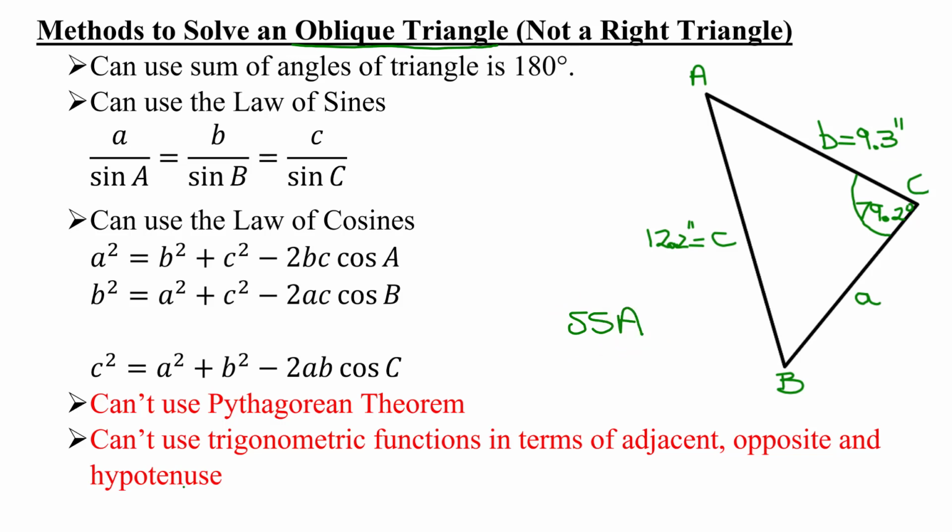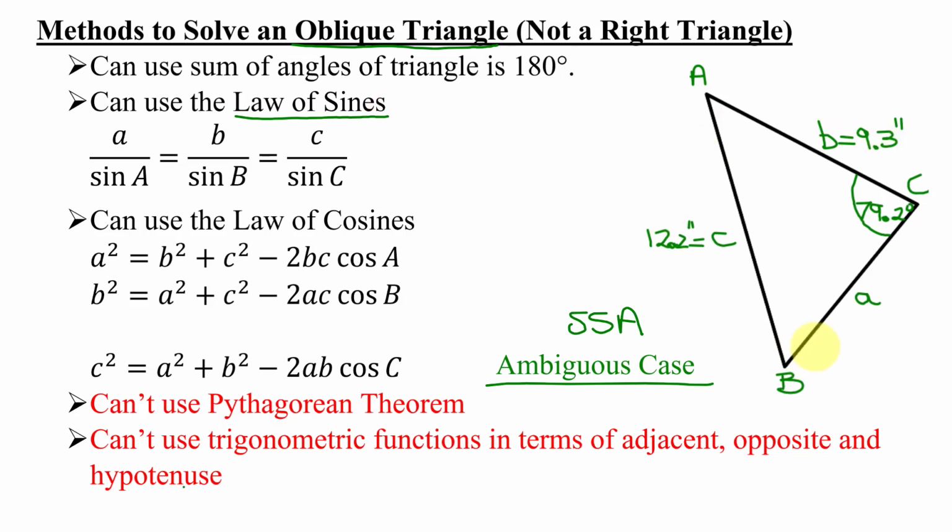And unfortunately, this results in something called the ambiguous case, in which I might get no possible triangles, one possible triangle, or two possible triangles for my solution.